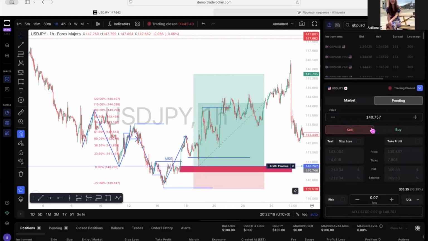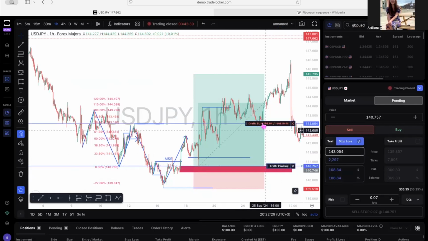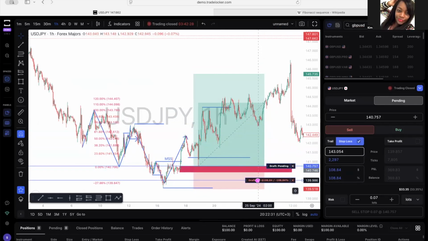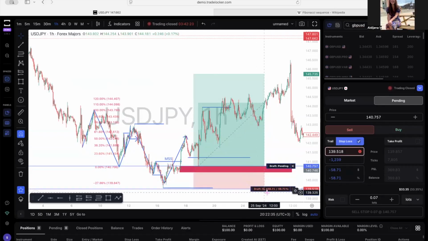And then I click right here where it says stop loss, right? Click that box. I'm going to bring my stop loss down to here, and hold on because something's not right. I should be in a buy. You've got to make sure you're in the buy or sell.